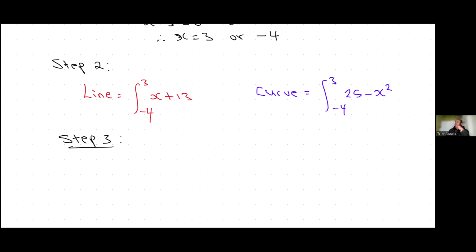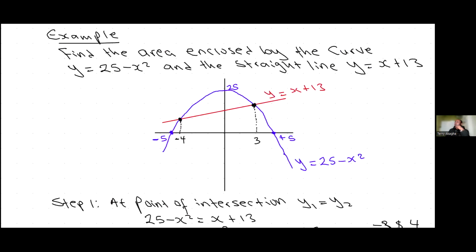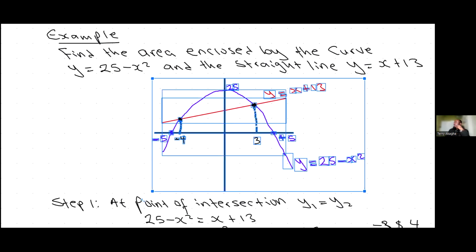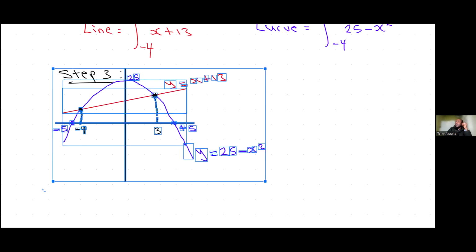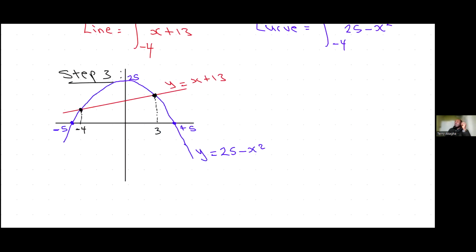Let me see if this software is going to allow me to copy all this. Let me see if I can bring it all the way down here, and paste. Yep, so that is good.